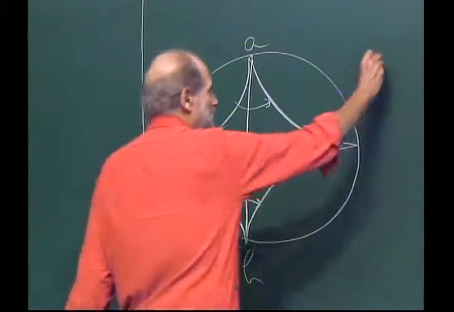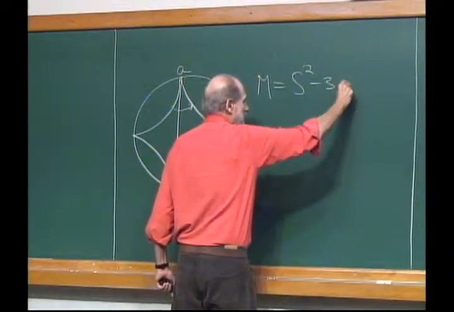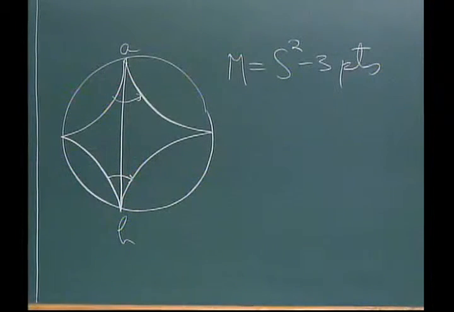And you'll get M, which will be S2 minus 3 points, with a hyperbolic metric of curvature -1 and area 2 pi.